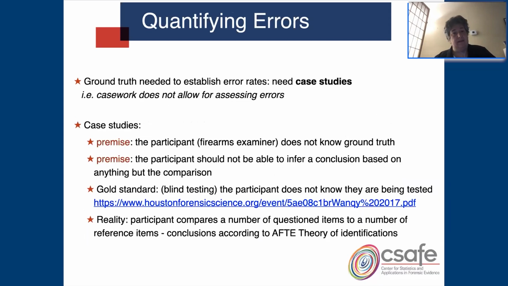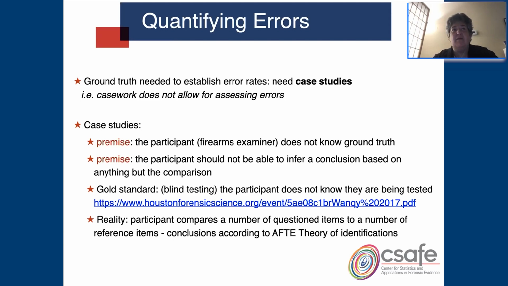So in order for us to be able to identify an error, we need to be able to say what some comparison should have been. So we need to have ground truth. That means that we need case studies, because in casework itself, we don't know ground truth.